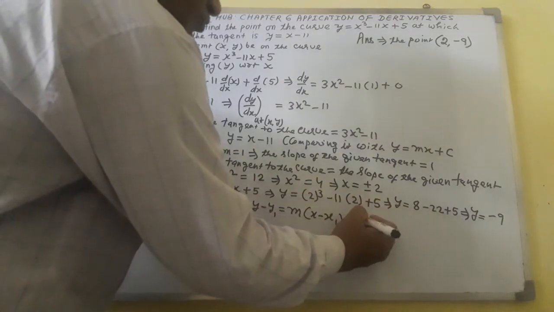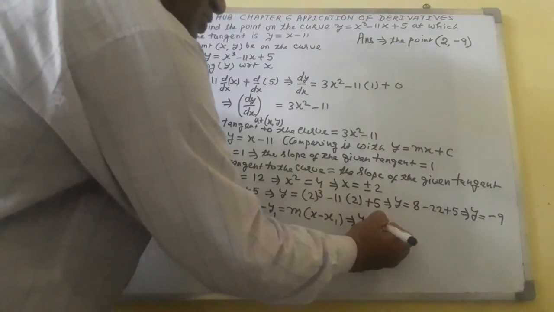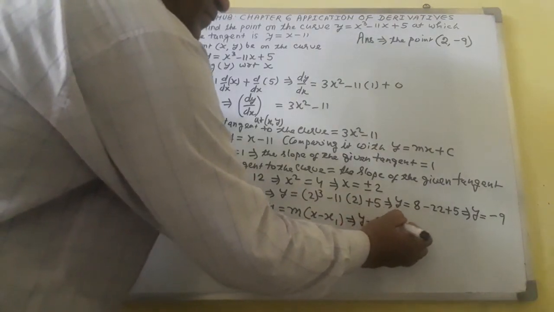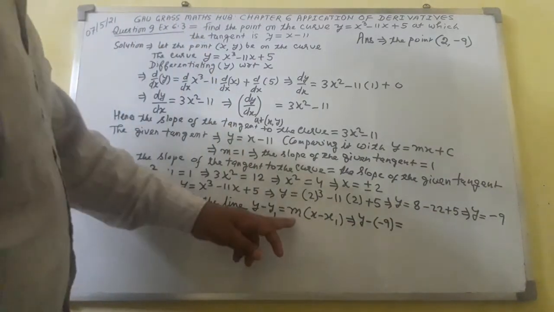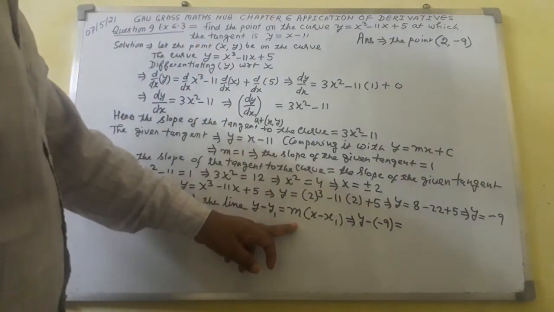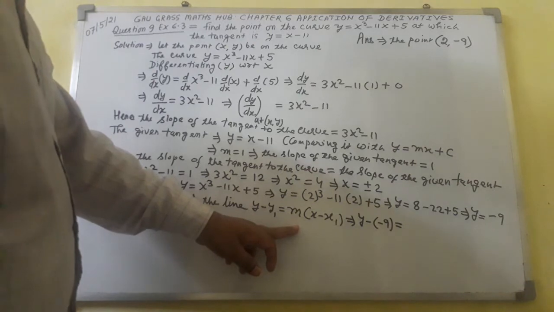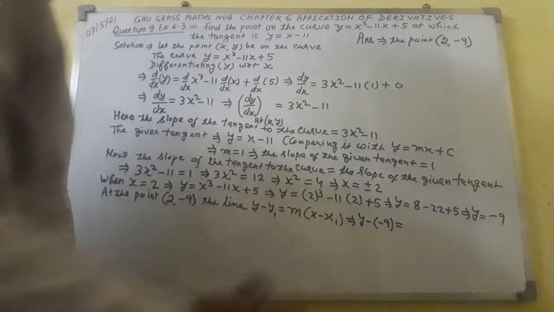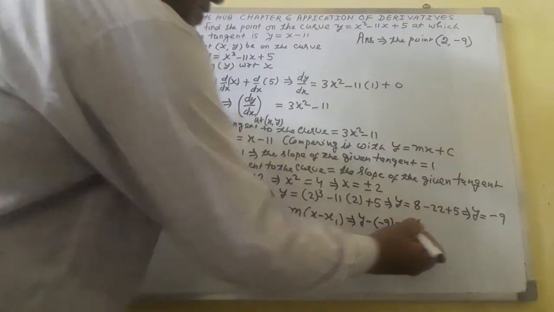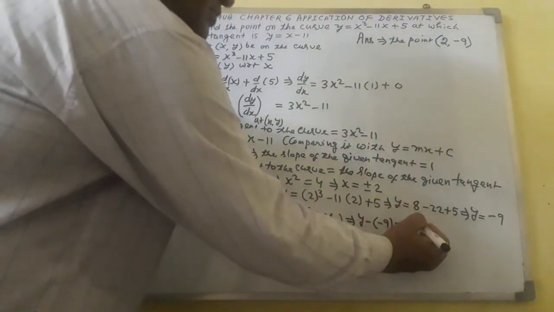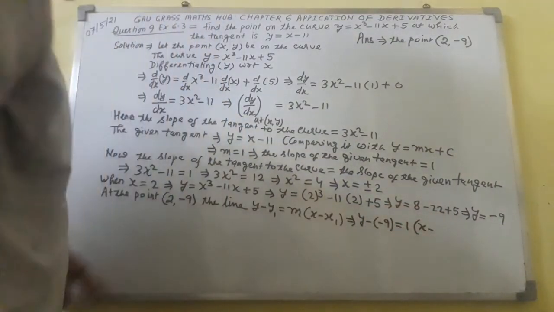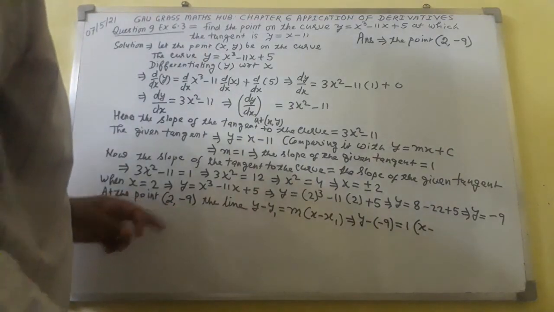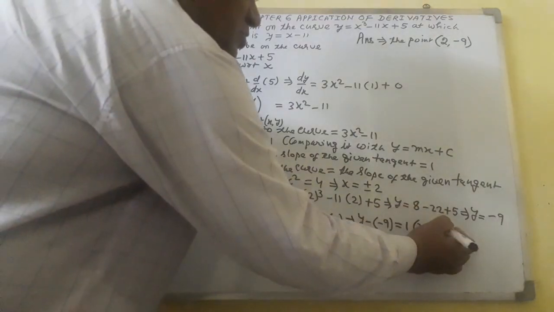So here I write y minus in bracket minus 9 equal to the value of m, which I shall take from this place, 1, in bracket x minus x1, which I shall write as 2.